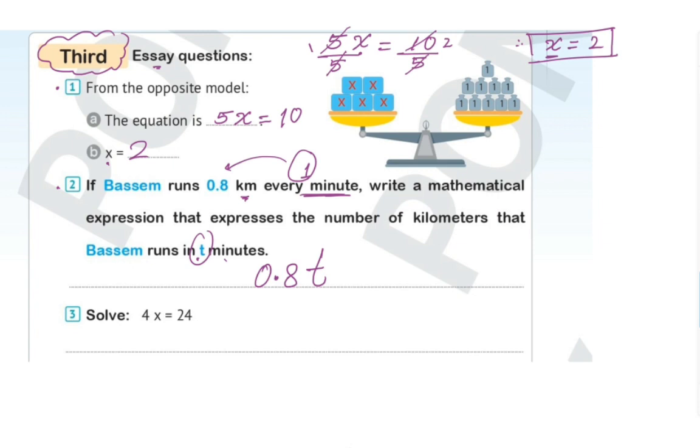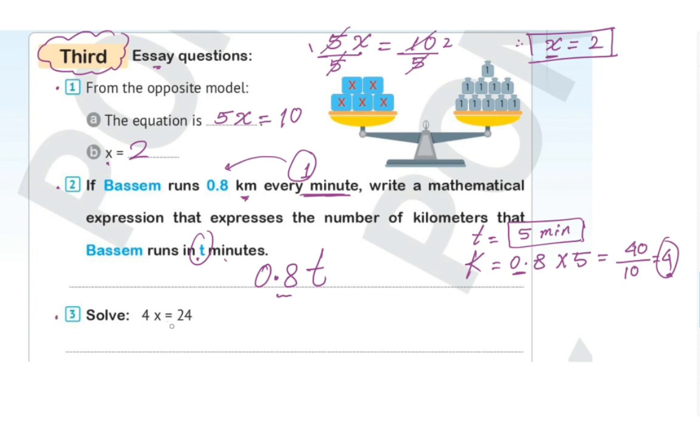Like if t equals 5 minutes, the number of kilometers equals 8/10 by 5, equals 8 by 5 equals 40 over 10. Don't forget, that means 4 kilometers. So after 5 minutes, he runs around 4 kilometers.